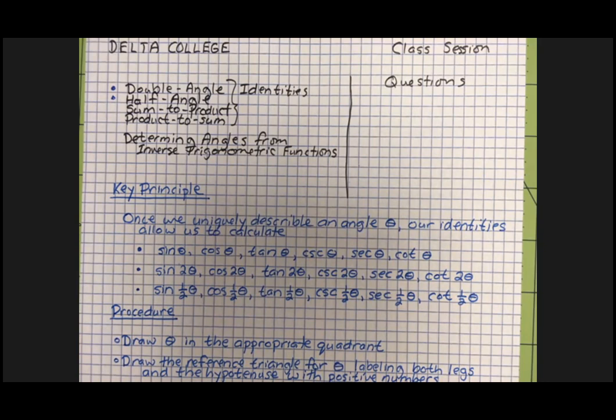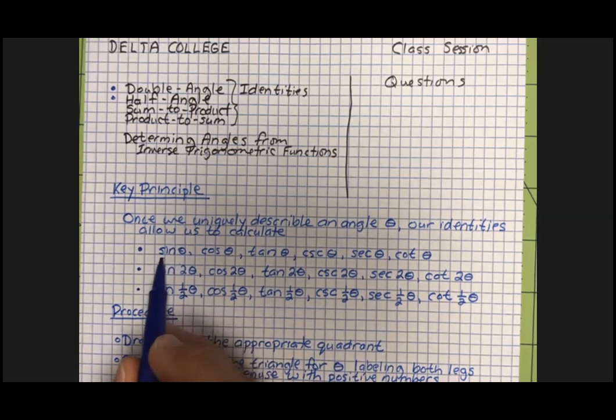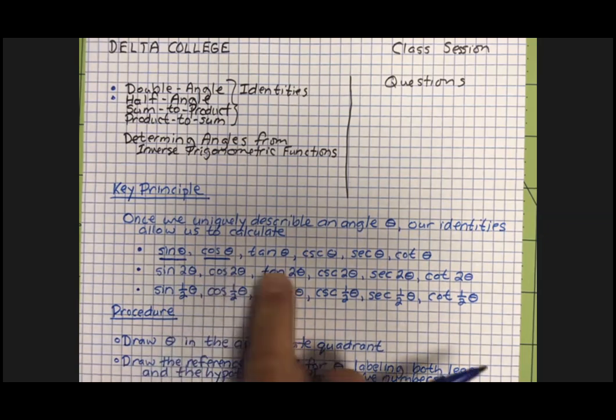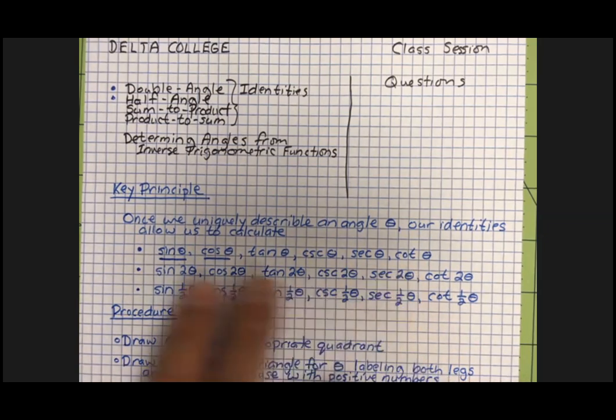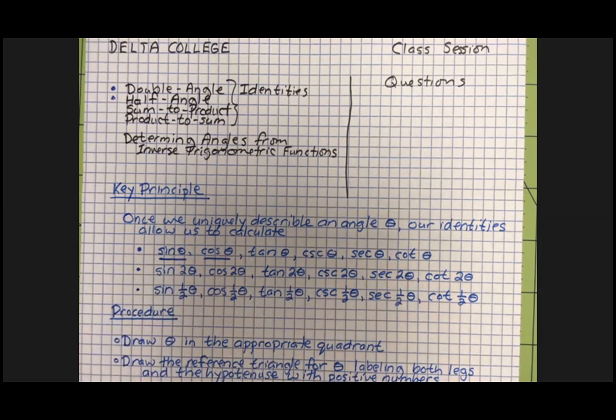So what we've really discovered is that to describe any sine or cosine value related to an angle, all we need is the sine and cosine values of that angle. Remember, sine and cosine values themselves determine tangent, cosecant, secant, and cotangent. So everything comes down to those two values.